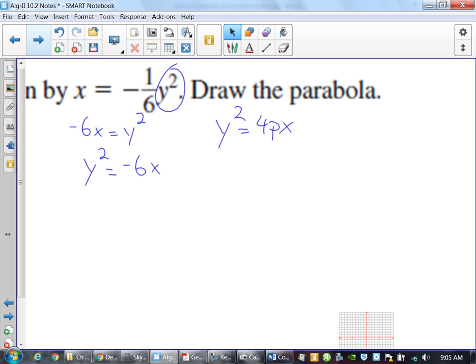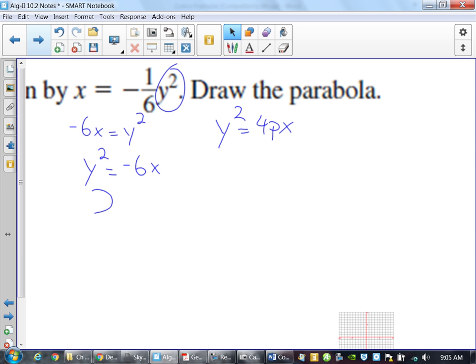This has to open to the left because of two things. It's a y-squared parabola, so it's either going left or right. It's left because it's negative. I'm always going to draw this first. That way I know that's what it's going to look like in some shape or form. So later on, I can go back and say, hey, that's kind of what it looked like when I took a guess.